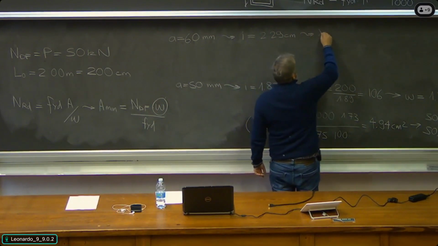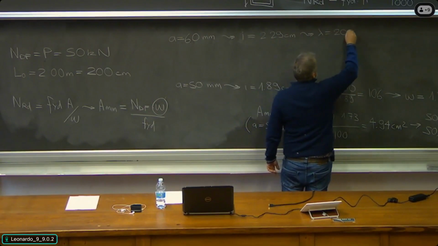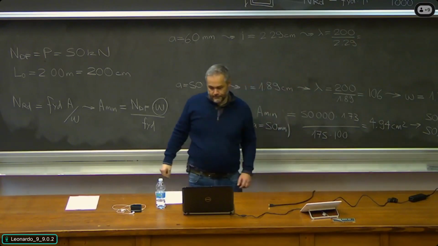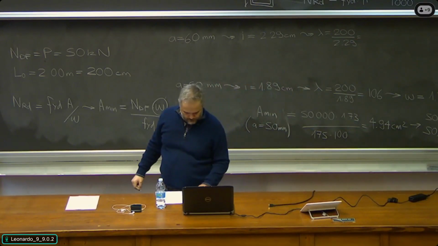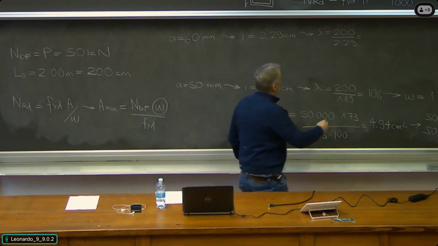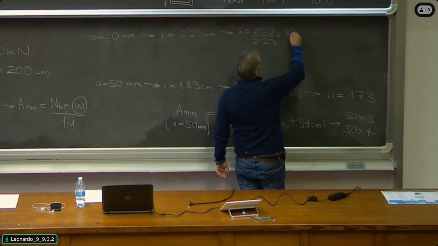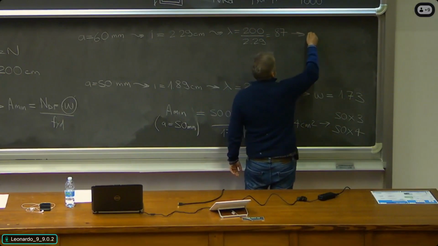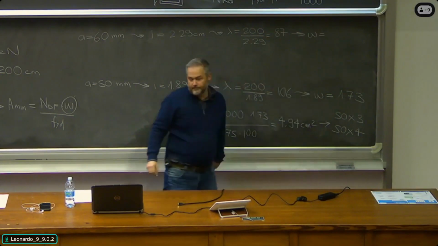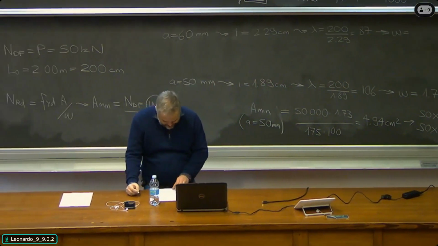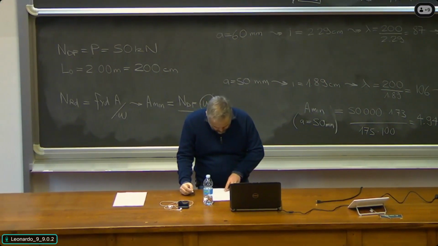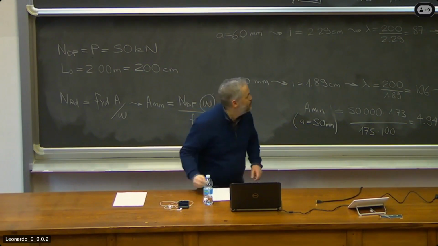What is the lambda? Again, 200 divided by 2.29, which leads you to what? 87, which means omega is, again, 1.40.